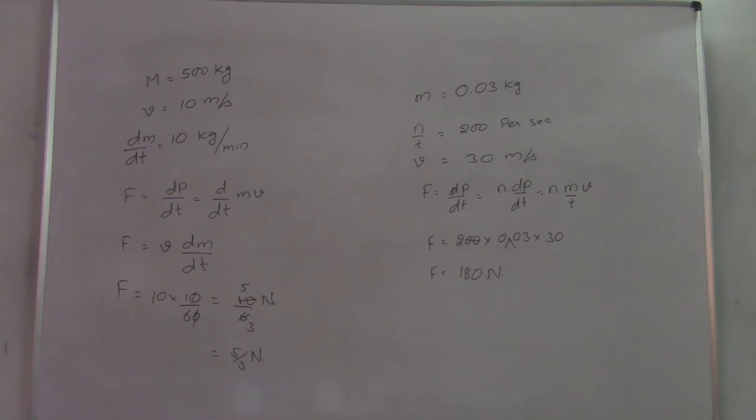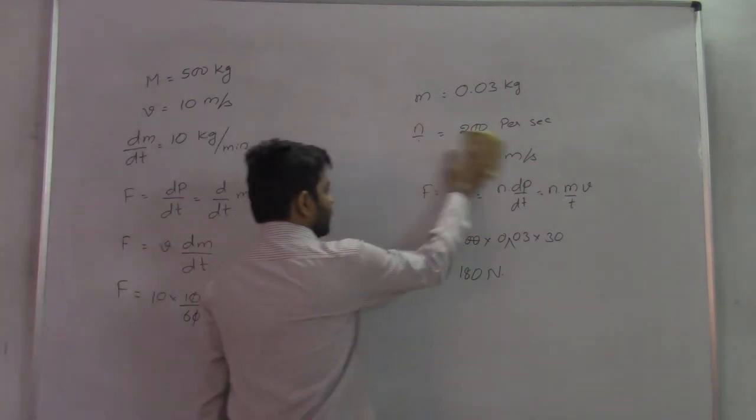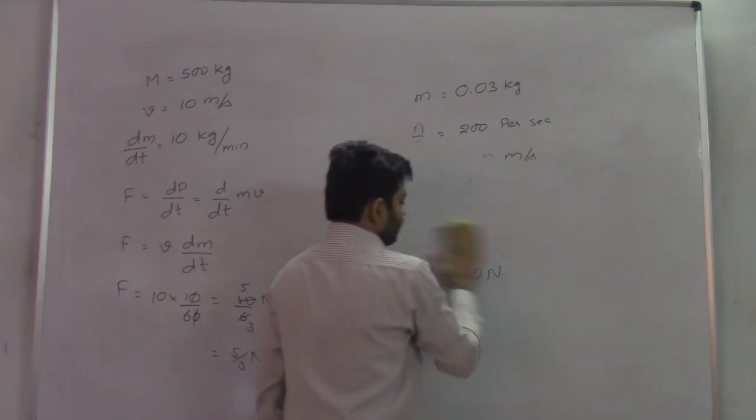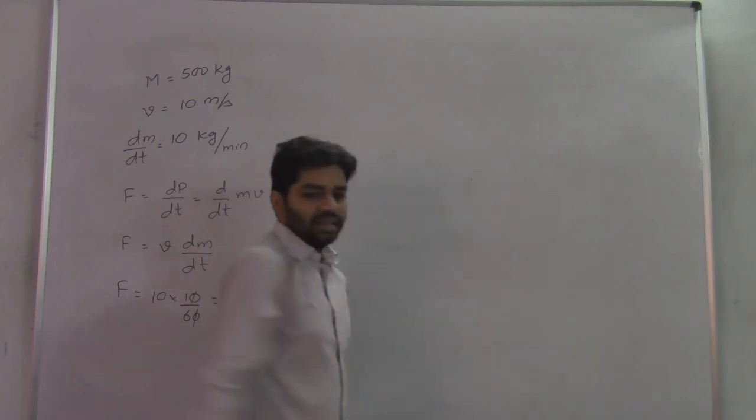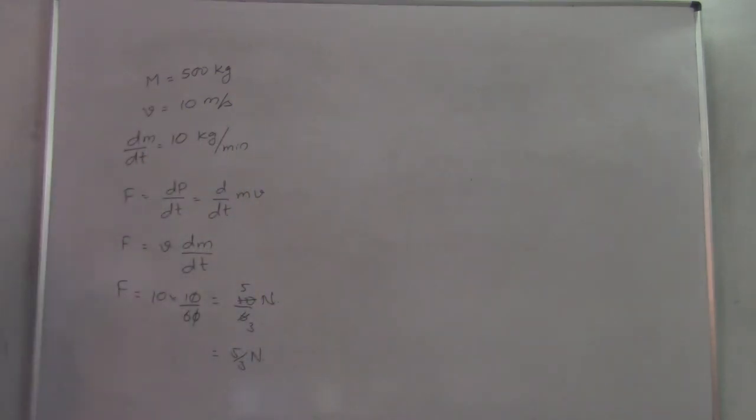If sand is dropped onto the truck at constant rate 10 meter per second. Sorry, 10 kilogram per second. Then find the force required to maintain constant velocity.